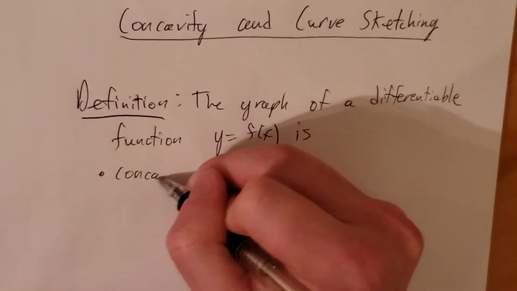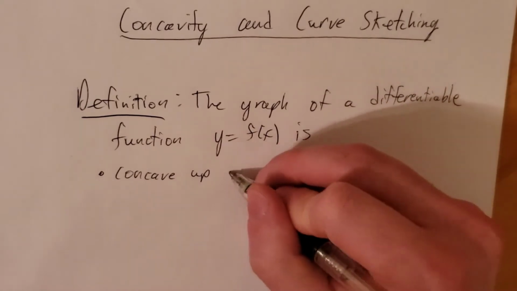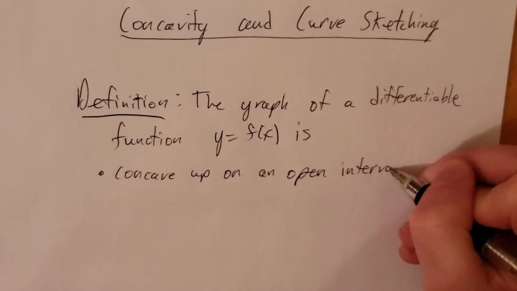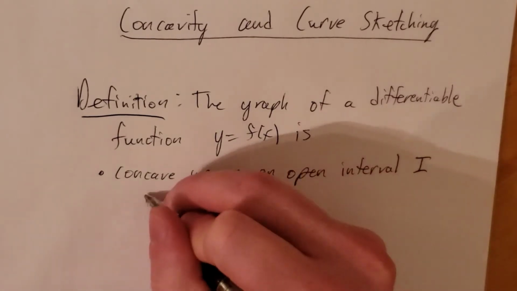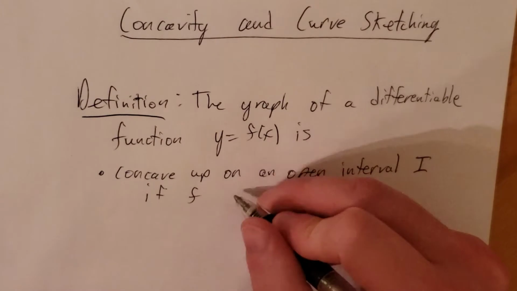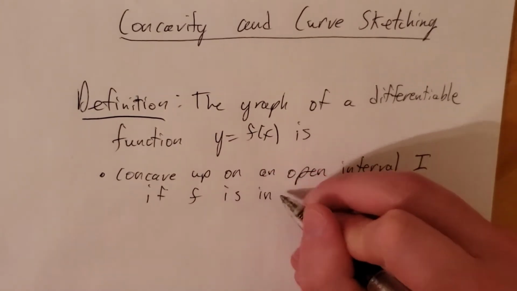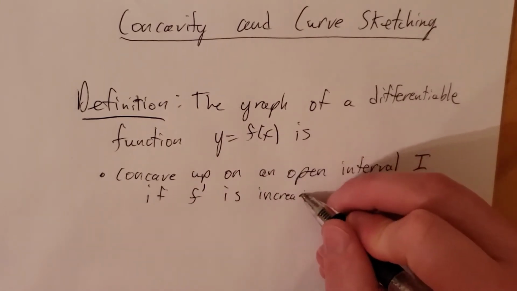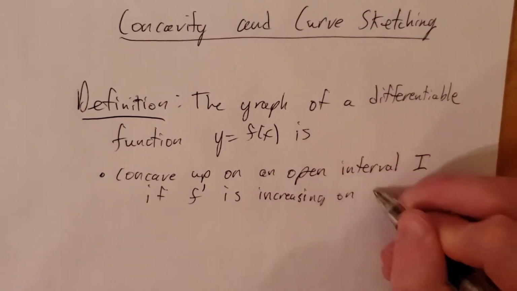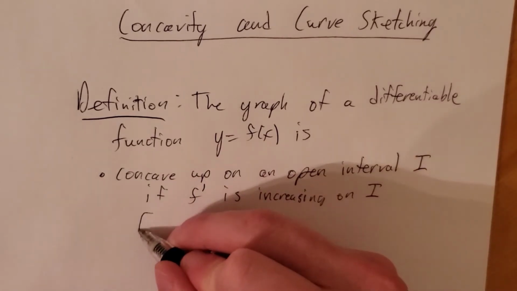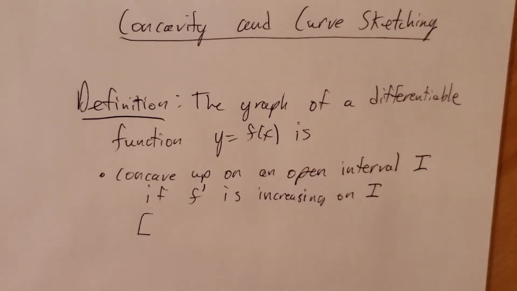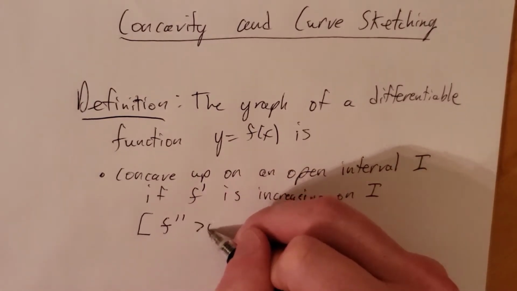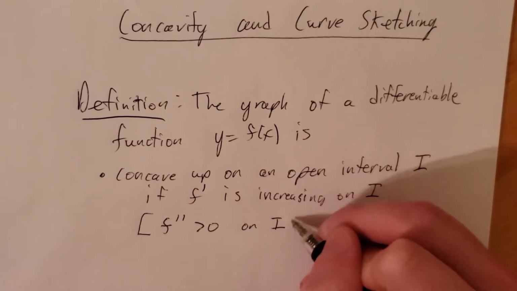So concave up on an open interval I if f prime is increasing on I. And because of something we now know, this is the same thing as f double prime is greater than 0 on I, right?